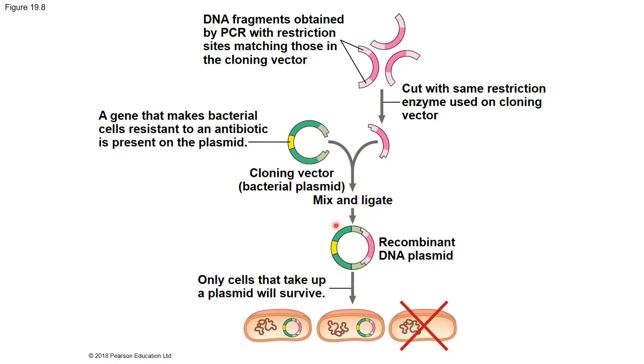Now you have a recombinant. Let me show you how we can use primers and PCR to introduce restriction sites on both ends of a target DNA sequence that you want to clone.